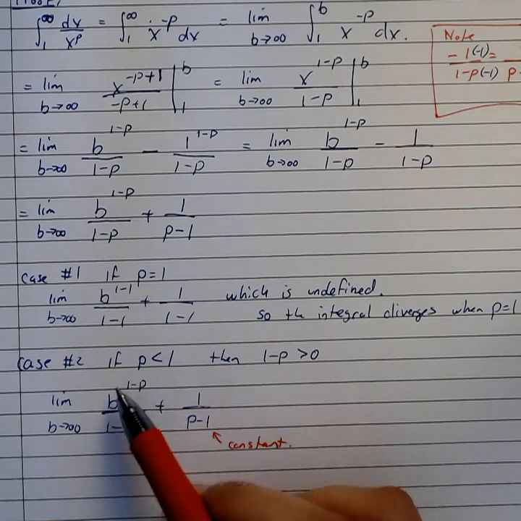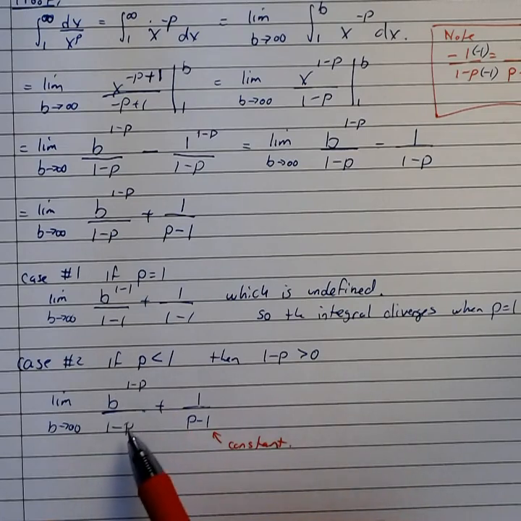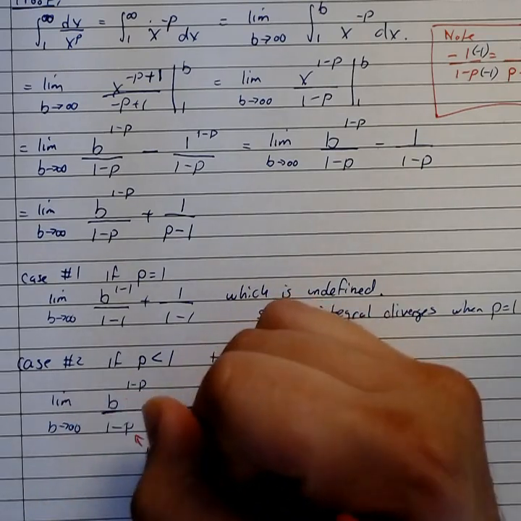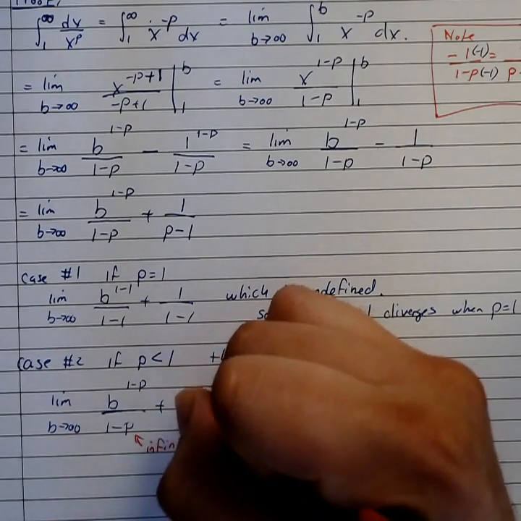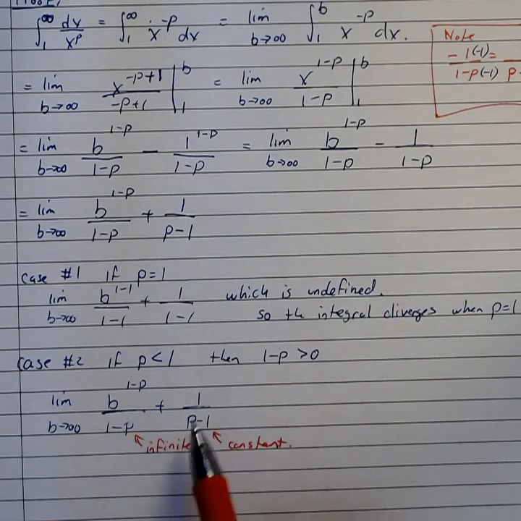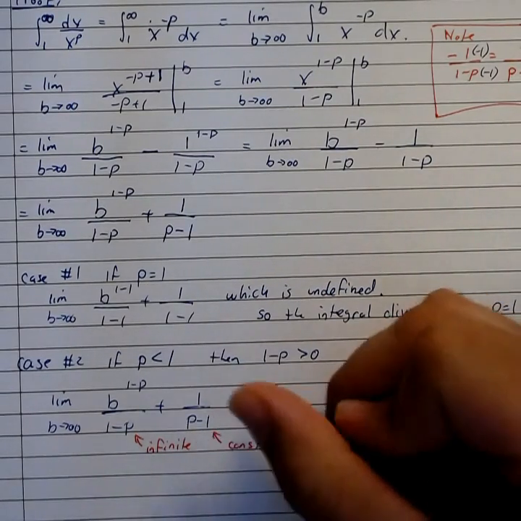Here p is a constant and 1 minus p is also a constant, so this is infinitely big divided by a constant, which is infinitely big. And if you add 5 or something, it's still infinitely big. So this diverges.